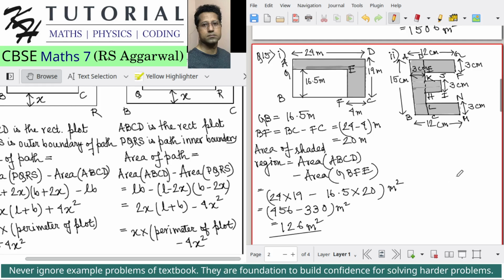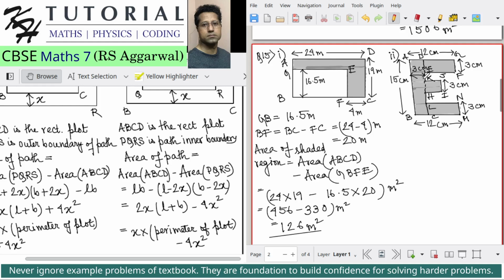So you can see the area now. Let's first find out the dimensions that I will need to find the area of the 4 rectangles.